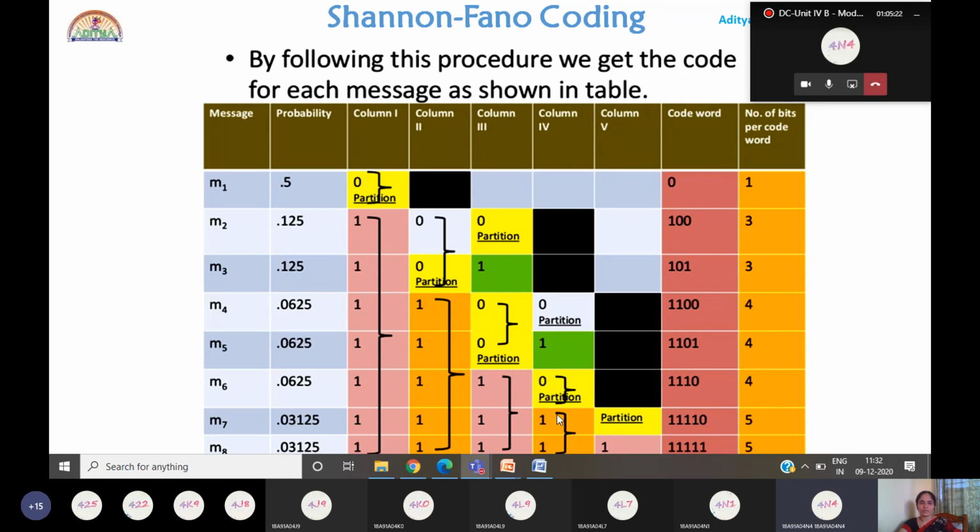Further partition is not possible for M4 and M5. For M6, 0.0625 is approximately equal to the probabilities of M7 and M8, so assign 0 to M6 and 1 to M7 and M8. Next, further partition is not possible for M6, and assign 0 to M7 and 1 to M8.